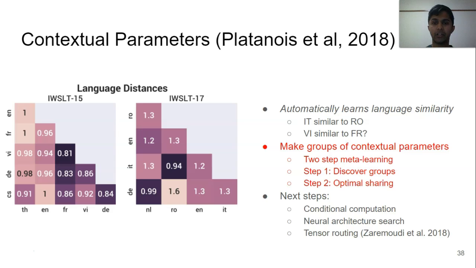Now that we are generating parameters conditionally, depending on the source and target language or both, we can also talk about conditional computation and neural architecture search. Neural architecture search is its own discussion, and that is not the focus of this particular tutorial. On the other hand, I'll be talking about tensor routing by Zaremoubi et al. 2018.